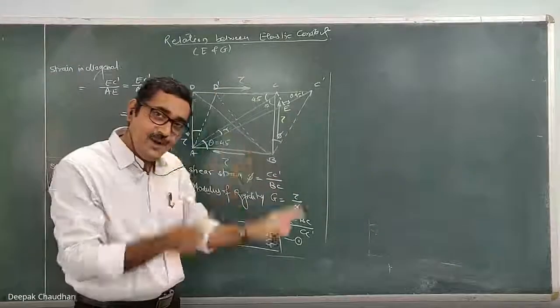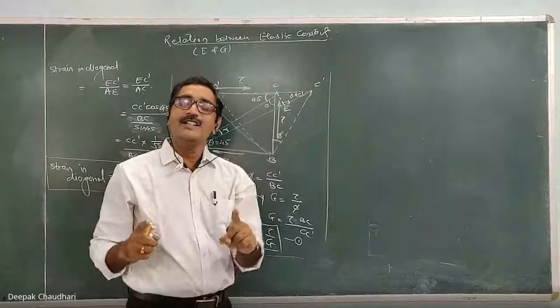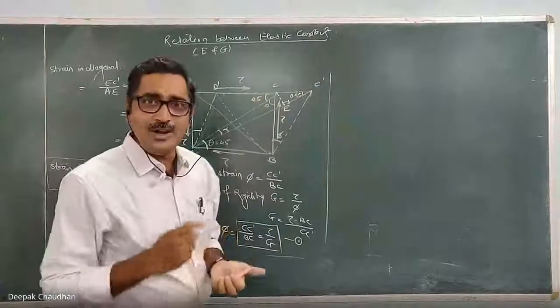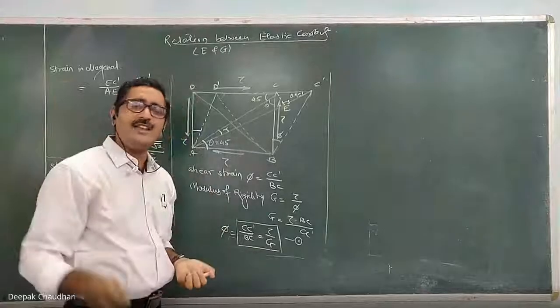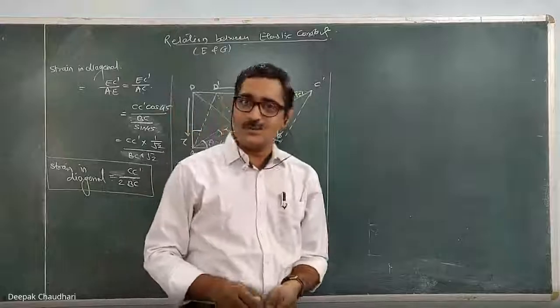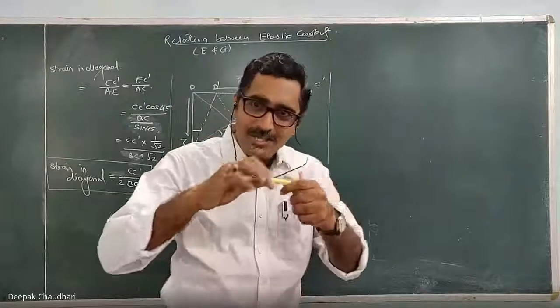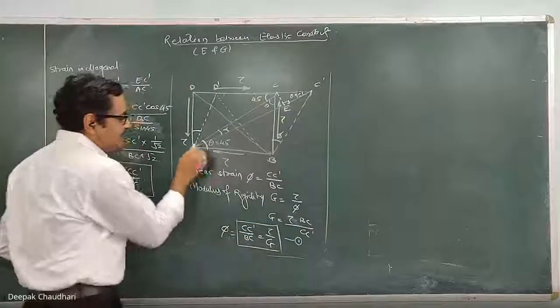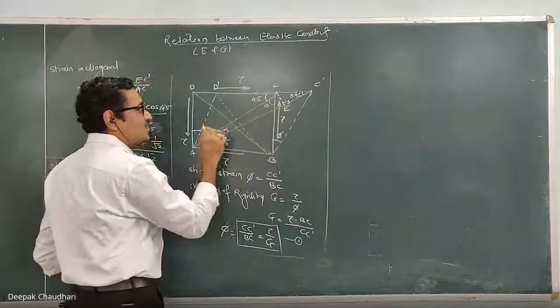Since it is elongated, in that diagonal there is some direct stress. Whenever there is an elongation, there has to be direct tensile stress, and whenever there is a compression, there is a compressive stress. Clear? The elongation or compression takes place because of the direct stress.